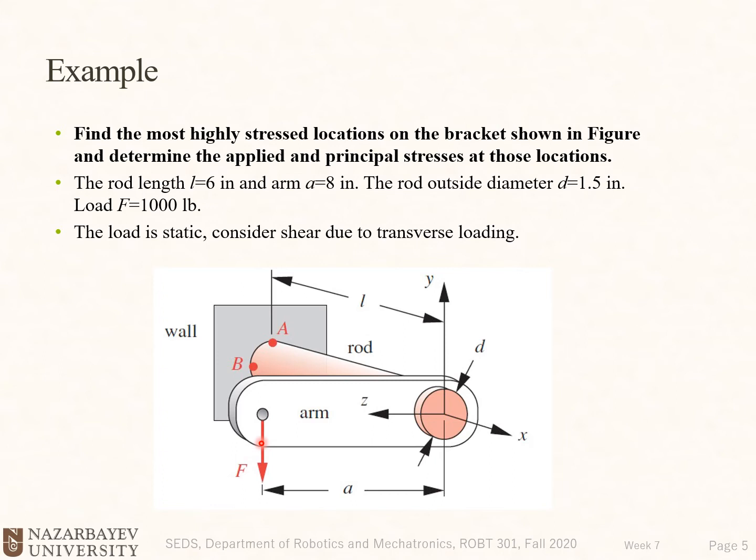Later in coming chapters, we will see based on failure theories, either static or dynamic, if a part could withstand the loads or if it will break. But if we want to use those theories, we need to first find the critical points.